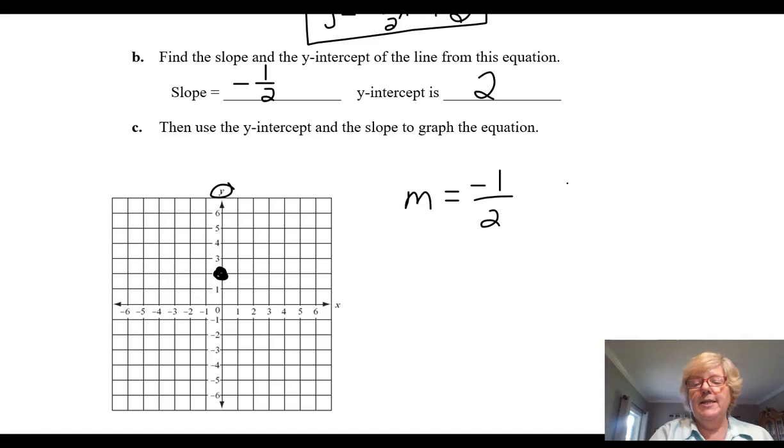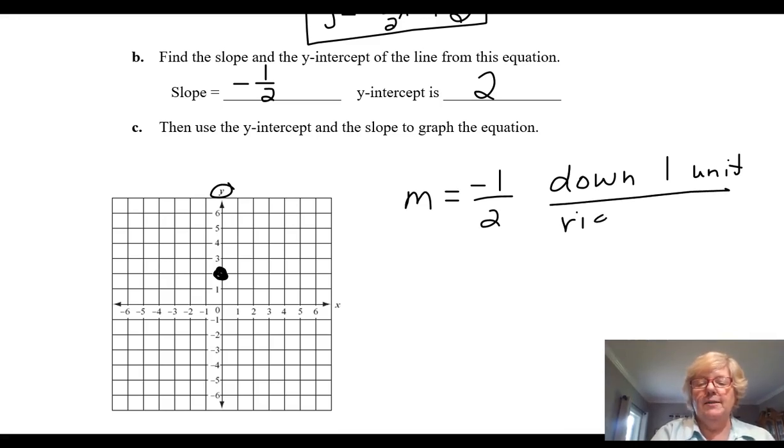If that number is negative, that tells me to go down 1 unit and go to the right 2 units. If you have a negative in your slope, always put it with the top number. So I'm going to count, starting at the 2, down 1 unit and then over to the right 2 units, which puts me right here. And that's where I will put a second point.